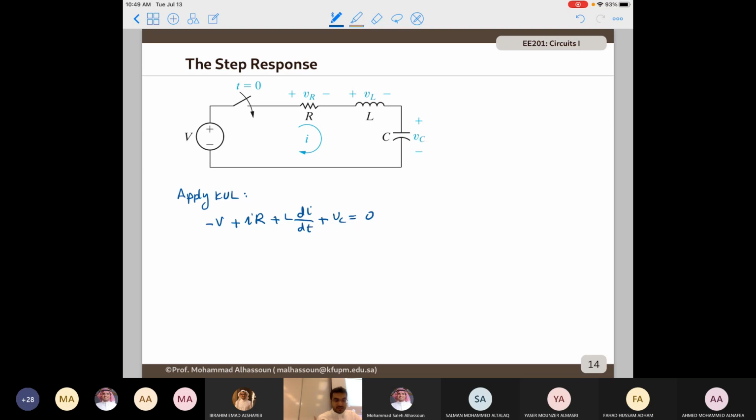So I need to write everything in terms of the voltage across the capacitor. I is the current, which is the same as the current passing through the capacitor. And you remember the current passing through the capacitor is C dVc by dt.